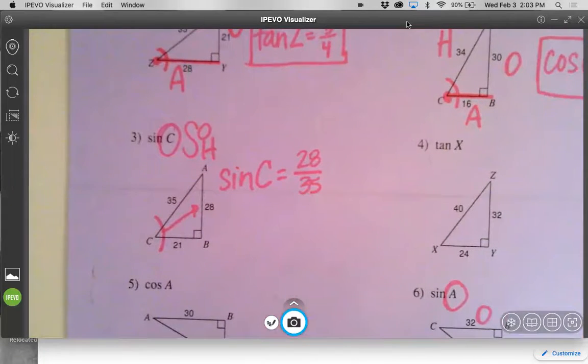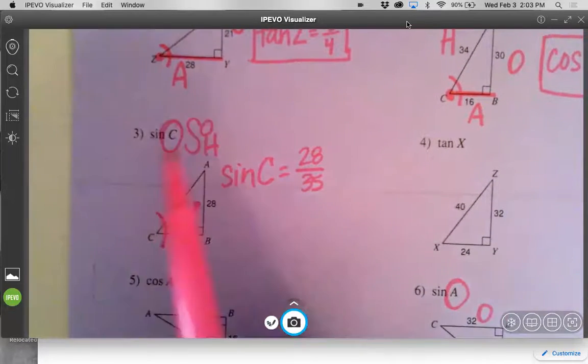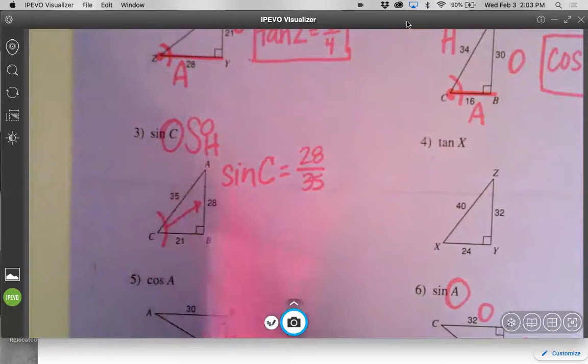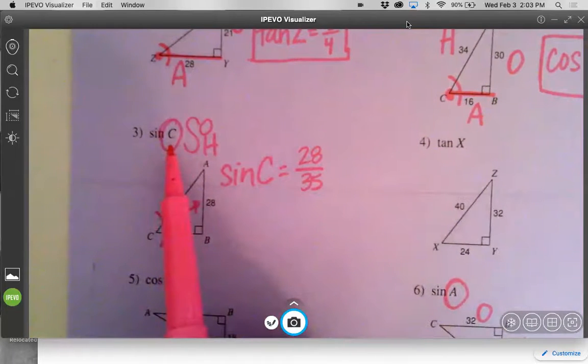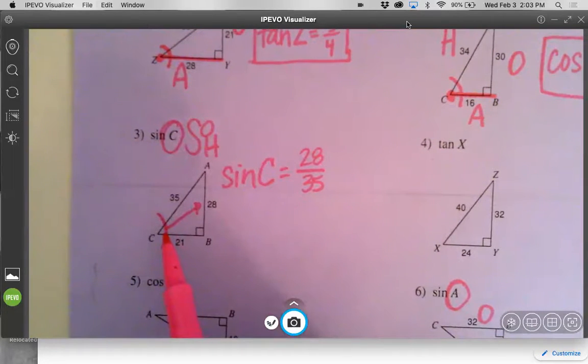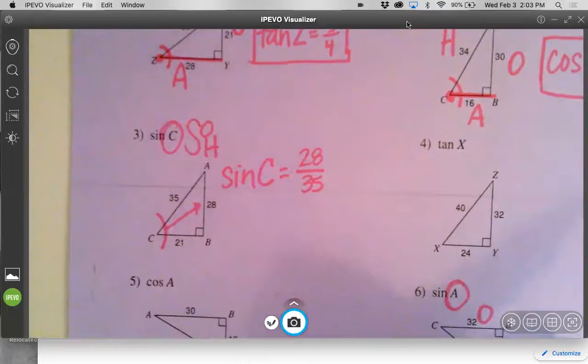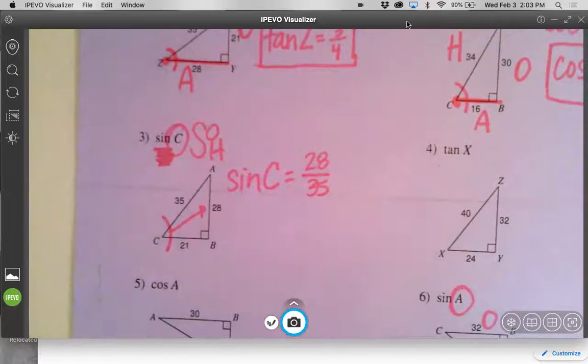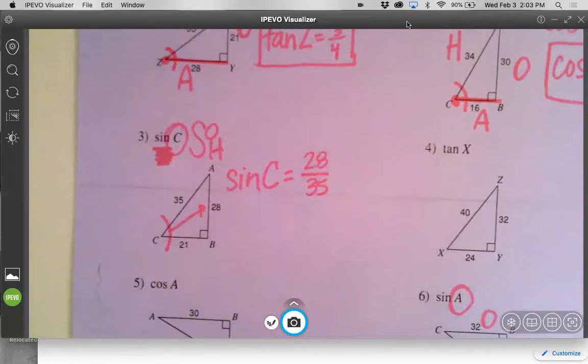The C and the X, the letters, those are going to be your angle. You're going to use sine and cosine and tangent almost always with an angle. And so this part that we're circling goes with an angle on a triangle somewhere. The sine and the cosine and the tangent, this part will be told to you in the beginning. Later on, you might just get to pick on your own.